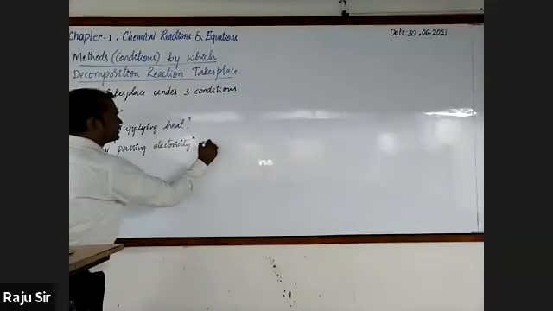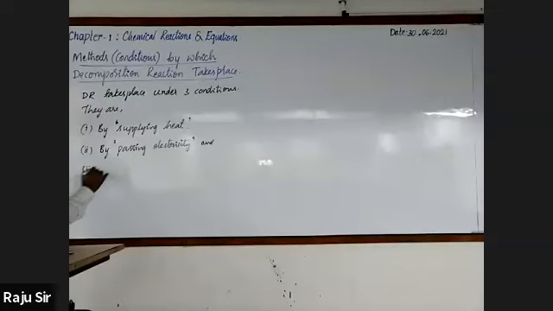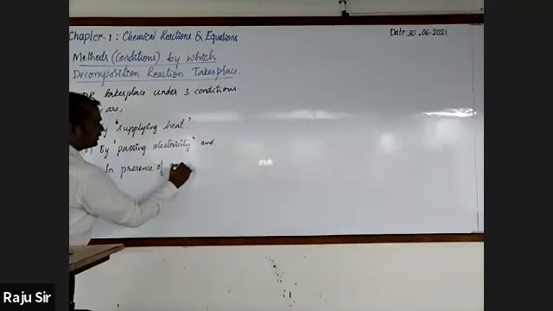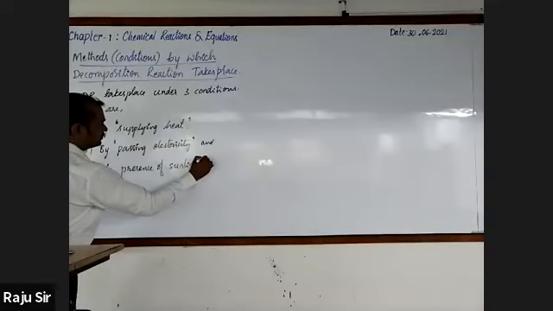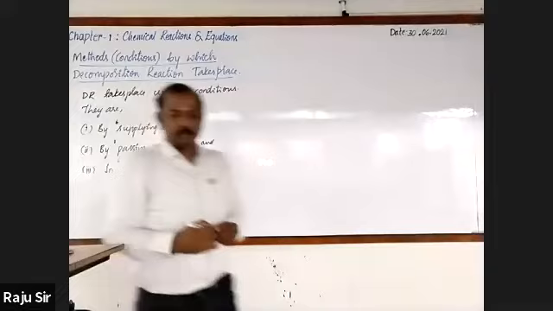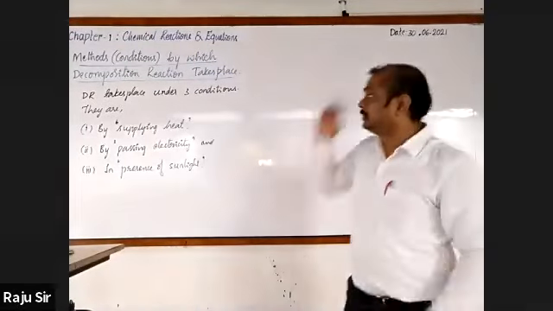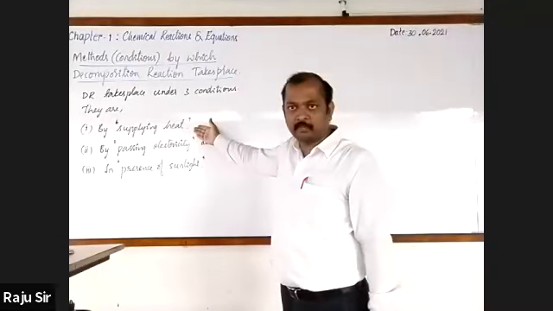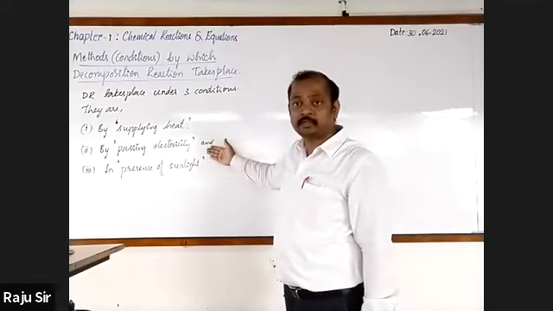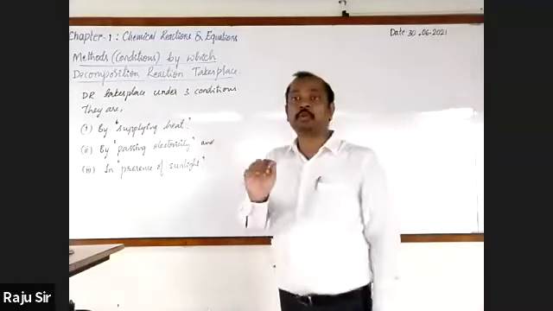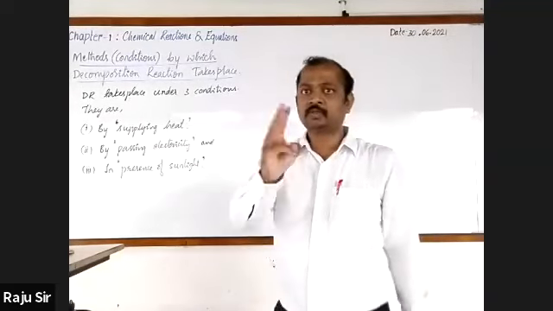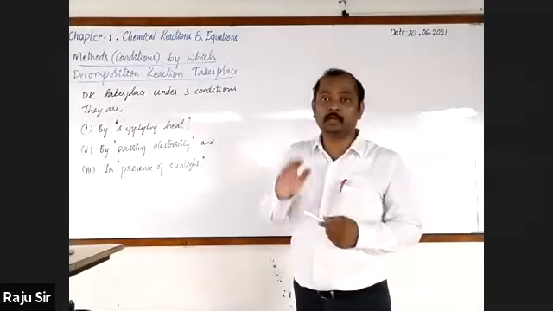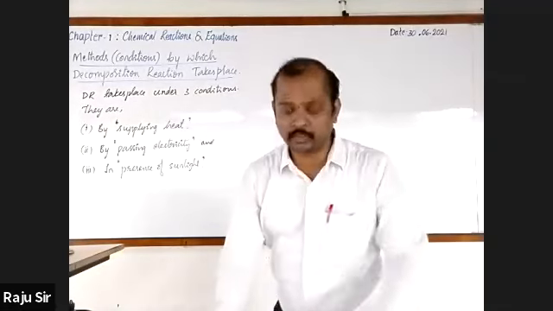And third one is in the presence of sunlight. As I said, for each we have given names. First one is thermal decomposition, second one is electrolysis, and third one is photolysis or photochemical reaction. So these are the 3 types of decomposition reaction as well. I'm going to write the same.